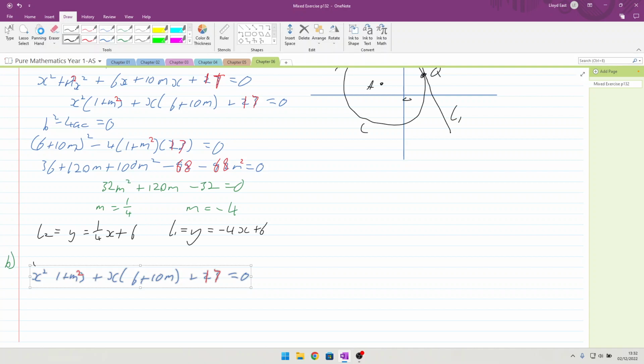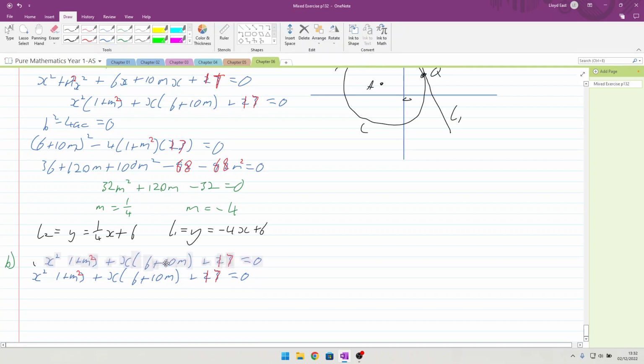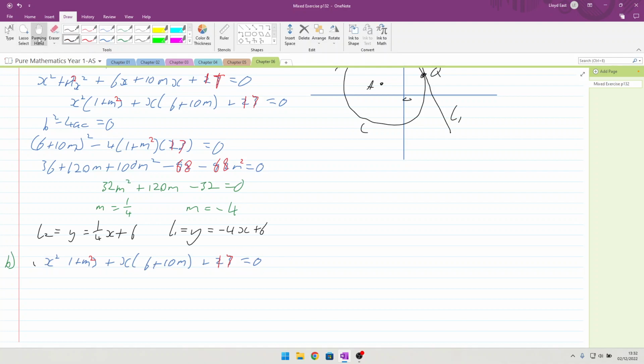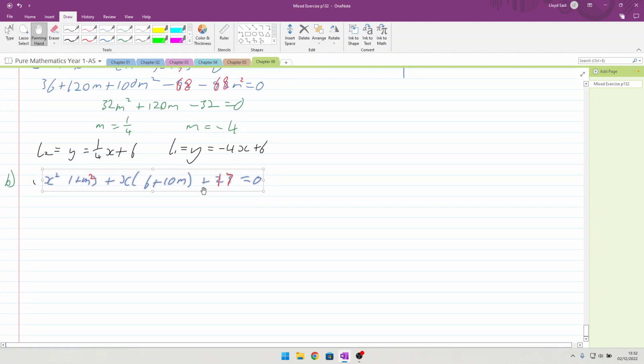Taking that line there, and obviously we have to do this for an m of a quarter and m of minus 4. Did I miss a bracket on that? It looks like I did.